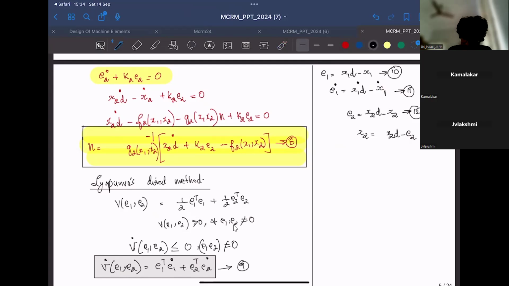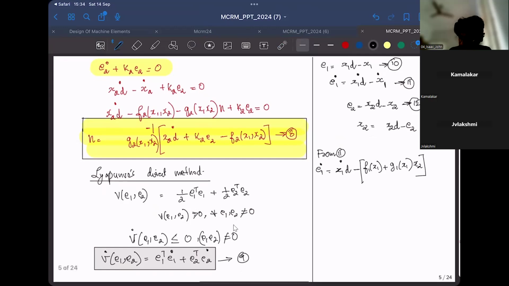So in place of this x1 dot, I'll write the dynamics of the first subsystem, f1 of x1 plus g1 of x1 multiplied by x2. So E1 dot would be, from 11, x1 desired dot minus f1 of x1 plus g1 of x1 multiplied by x2.